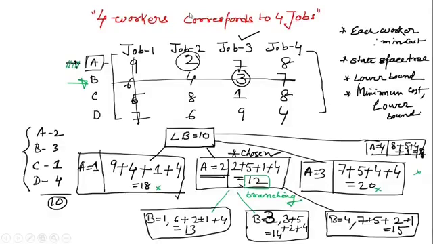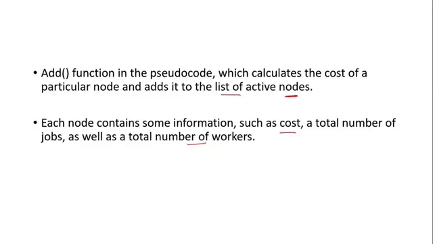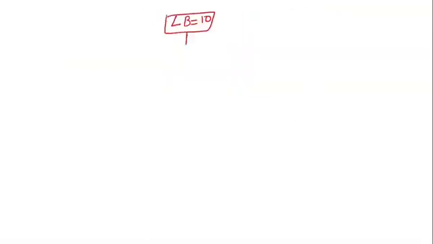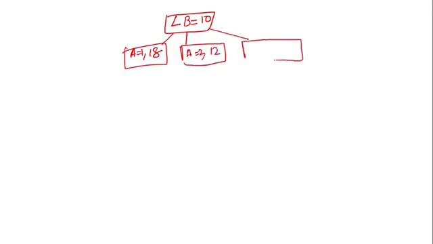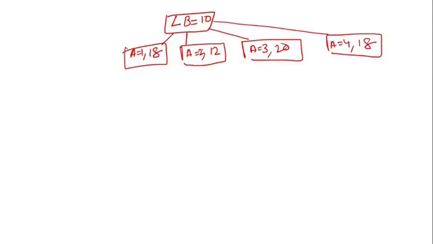Then A1 18, A2 12 and A3 20, A4 18. This is the first time, and then we assigned job 2 to A.